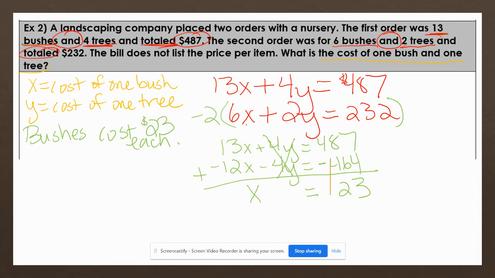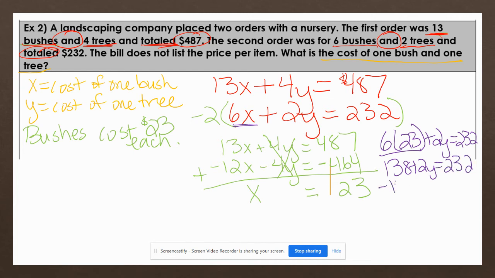I'm going to take that 23 and put it in here in the second formula because the numbers are a little bit smaller. 6 times 23 plus 2y is 232. 6 times 23 is 138. I'm going to subtract that 138 to the other side.